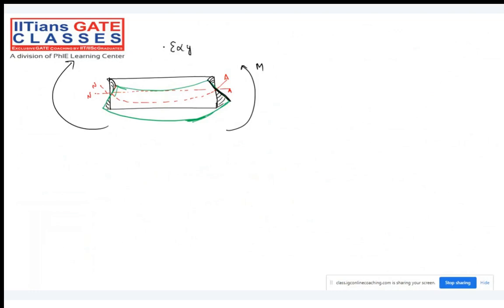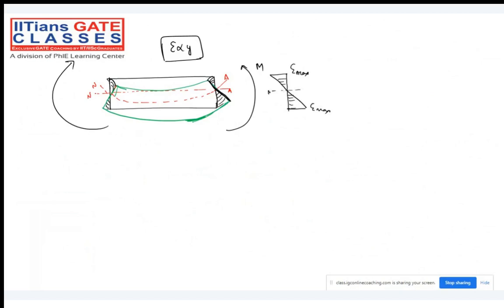Getting my point? If somebody asks you to draw the strain variation over the length, it will be something like this. Maximum strain at the top. At the neutral axis, the strain will be zero.